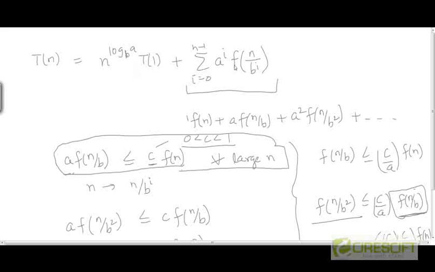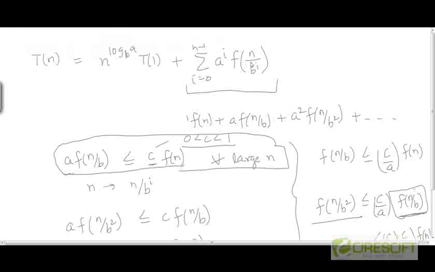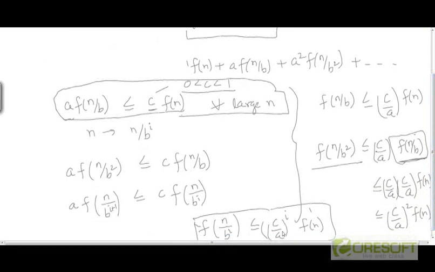Let's replace f of n by b to the power i with the right hand side of the inequality. Since we are getting something larger, we'll say that T of n is less than or equal to the right hand side after the substitution, which will be a to the power i multiplied by the right hand side of this inequality, which is c by a to the power i times f of n.